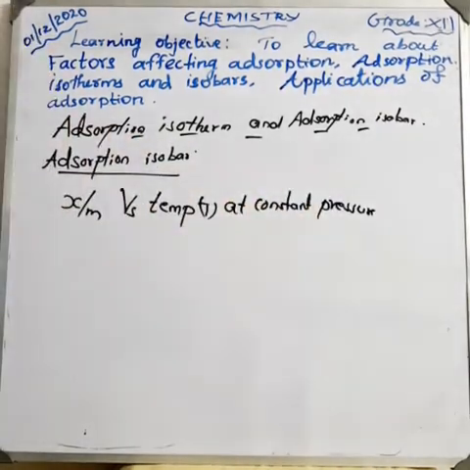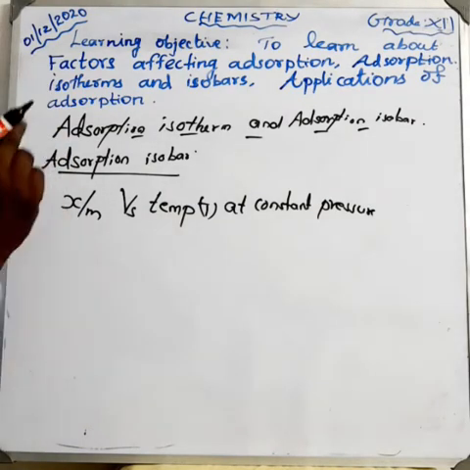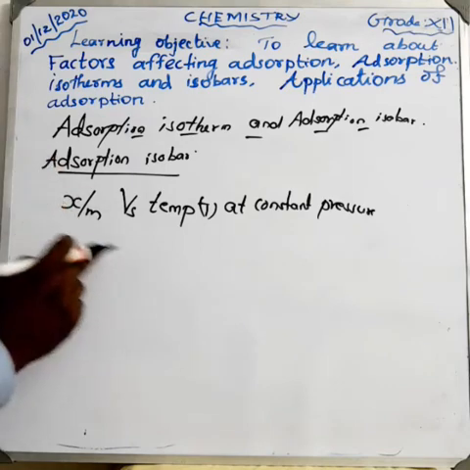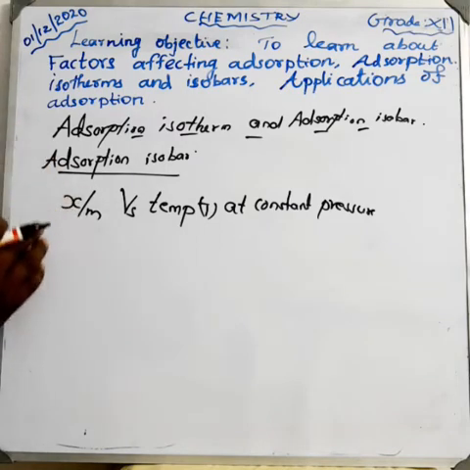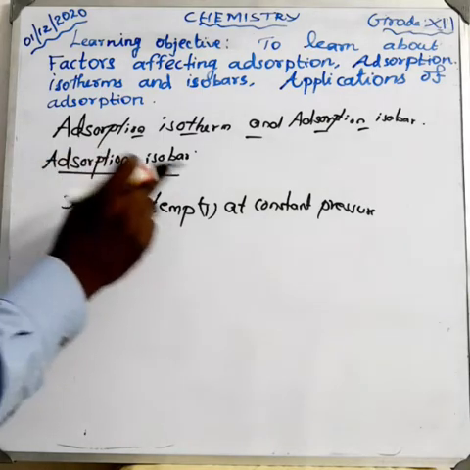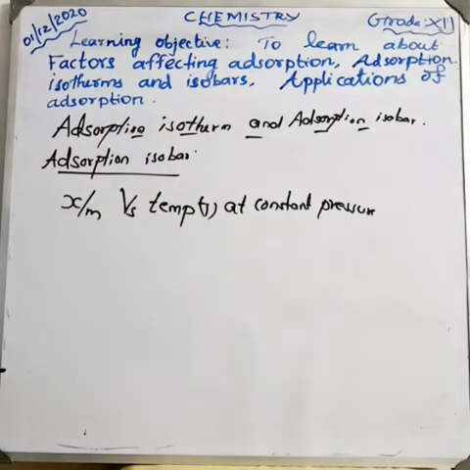What is the adsorption isobar? It is a graph between the amount adsorbed, x by m, versus the temperature T at constant pressure. Let us draw the graph.